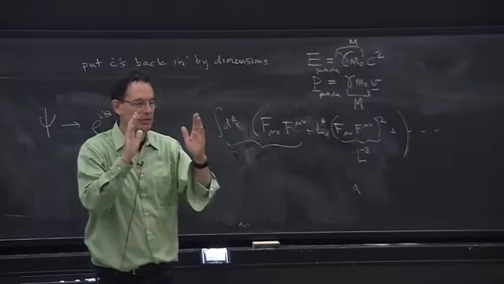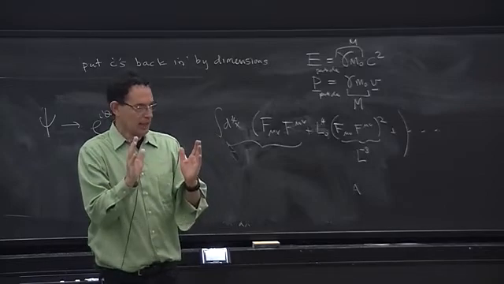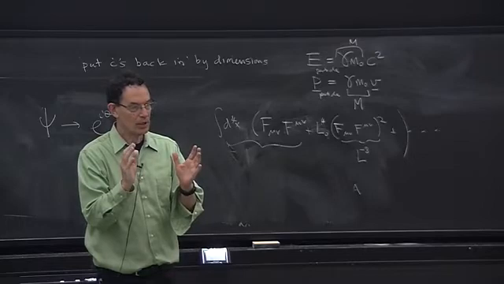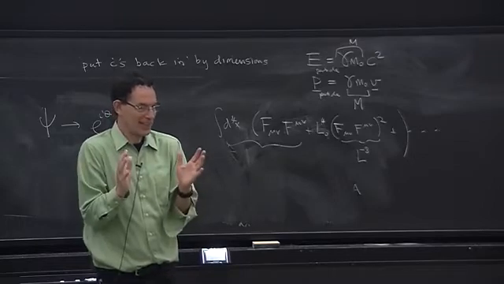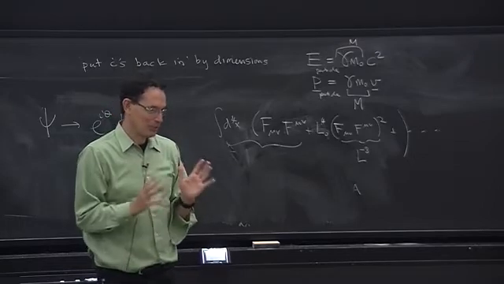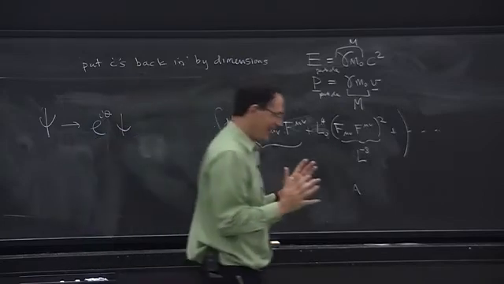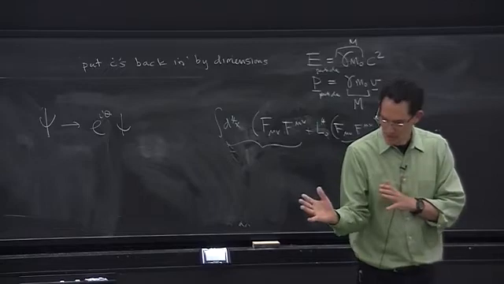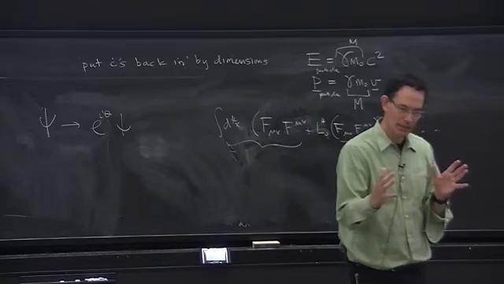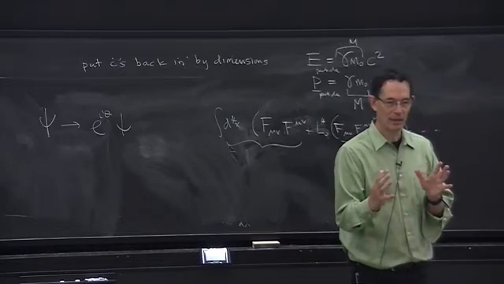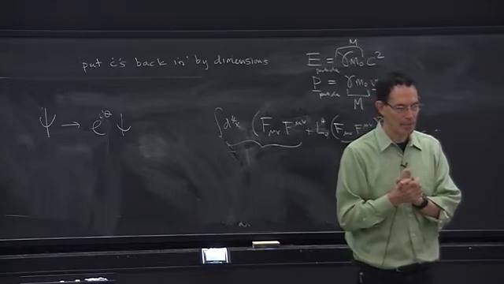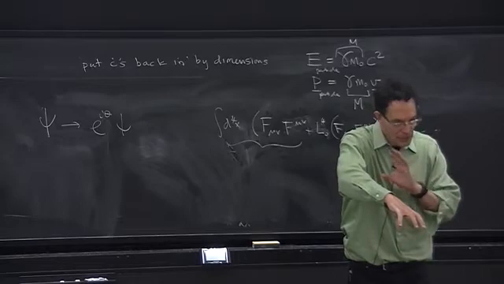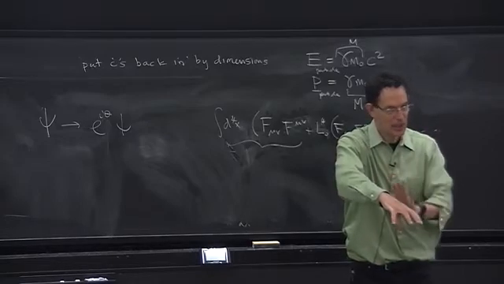It's saying that if the action is unchanged when I do this rotation, so you must rotate everything, including you, okay? If there's reason to believe that the laws of physics would be exactly the same if I rotate everything, then you'll get a conserved quantity. So if you're looking at a system, you can see it rotate. That necessarily means something's changed physically.